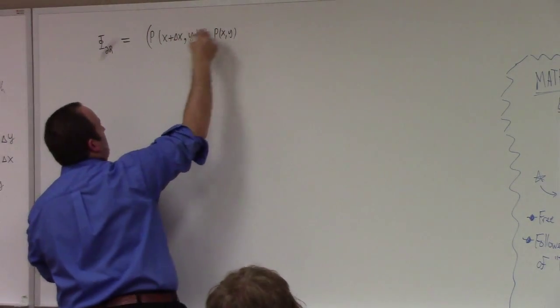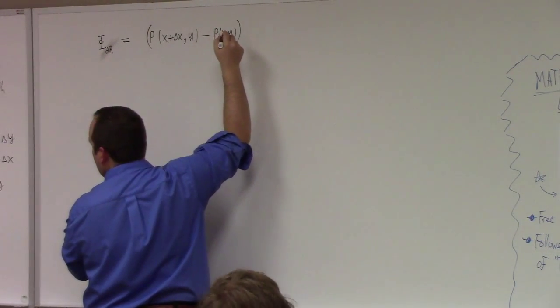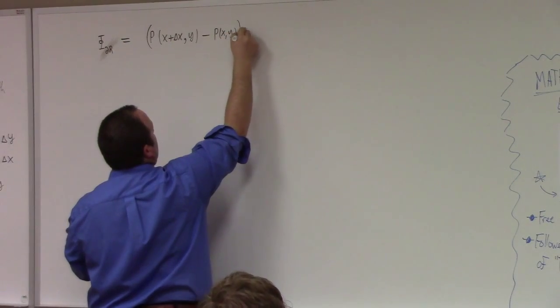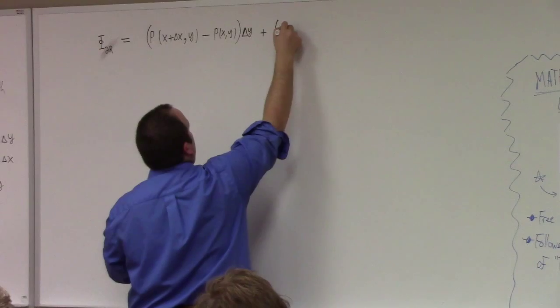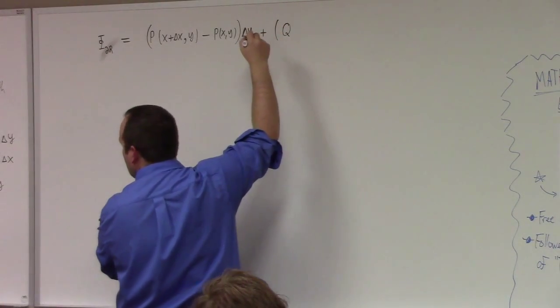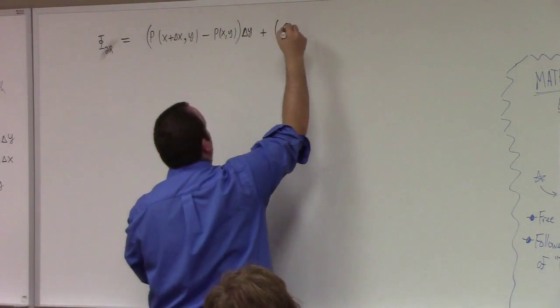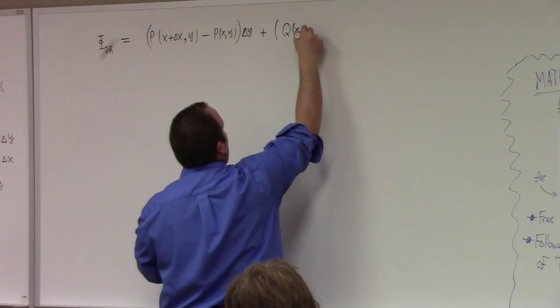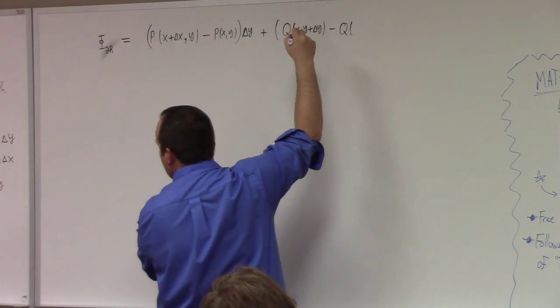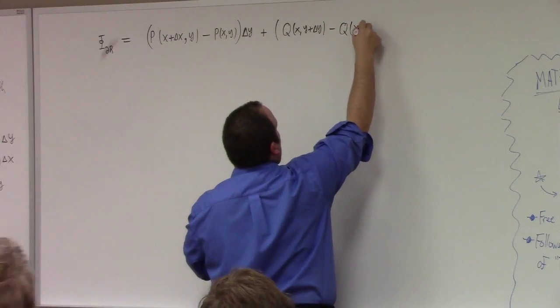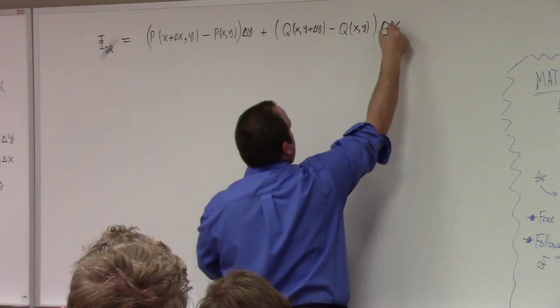I'll factor out the delta y. Plus Q of x comma y plus delta y minus Q of x, y, and factor out the delta x.